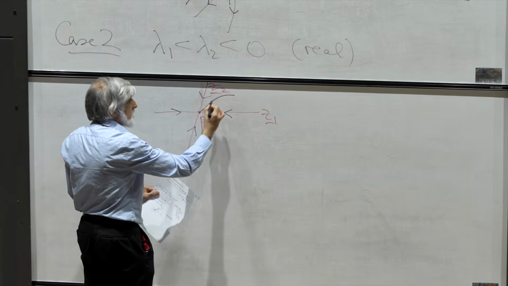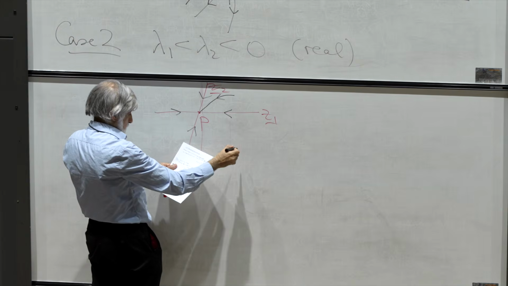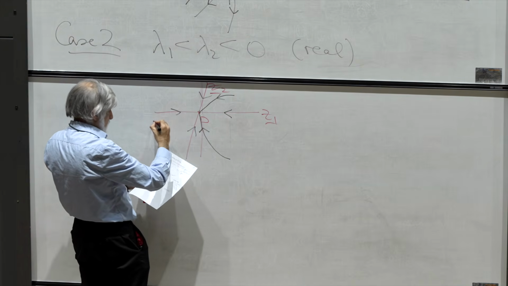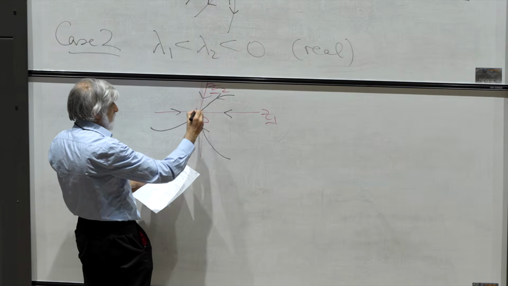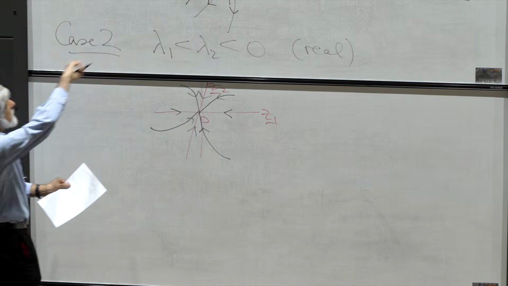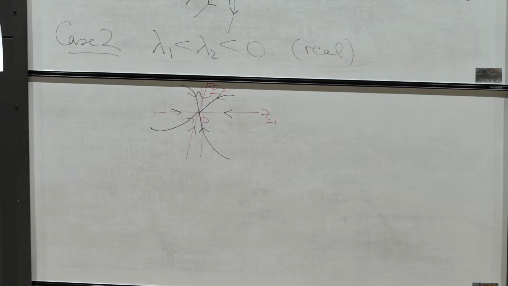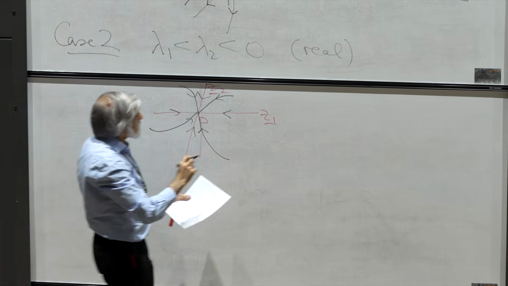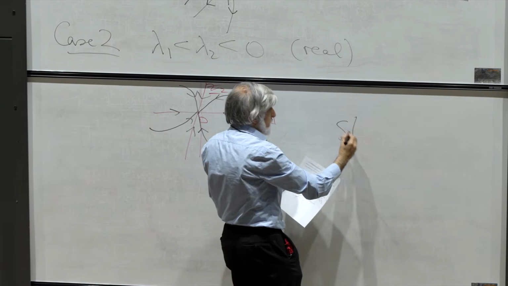So I'm going like that. So it's basically case 1, but with the arrows reversed, which is intuitively obvious. Another way you can think about this, you're simply changing the direction of time. And so this is called a stable node.